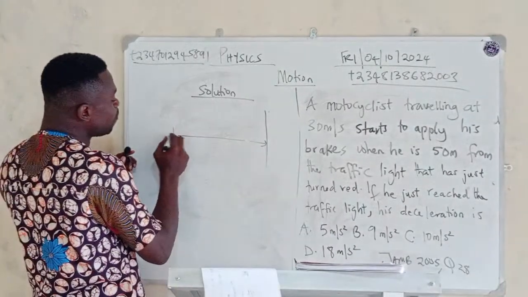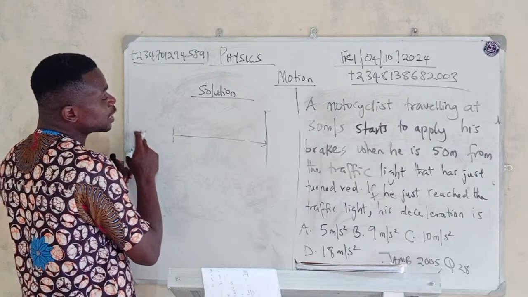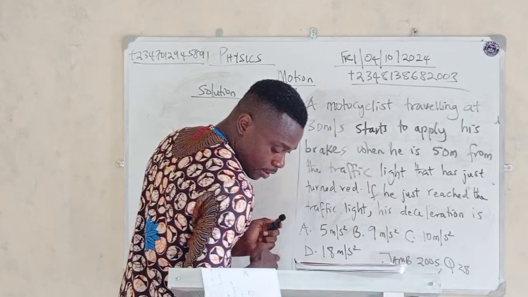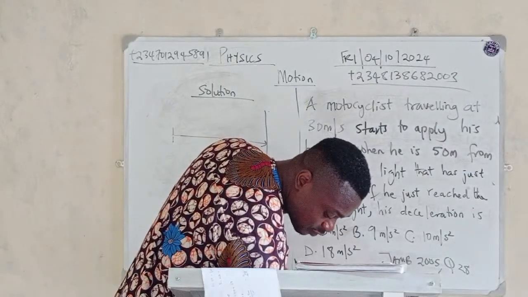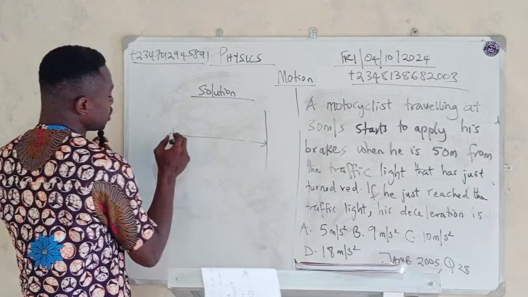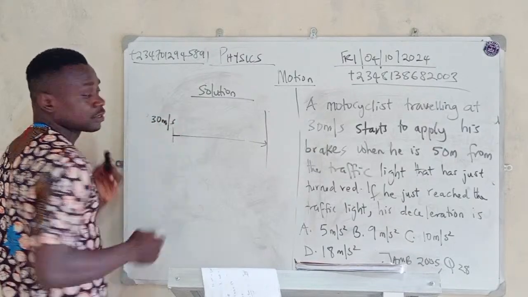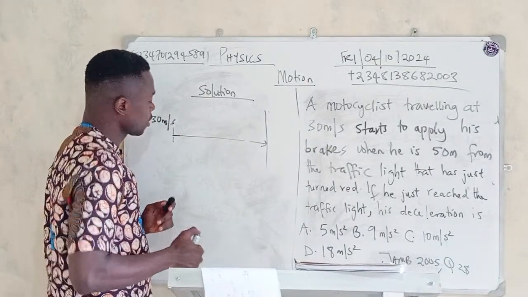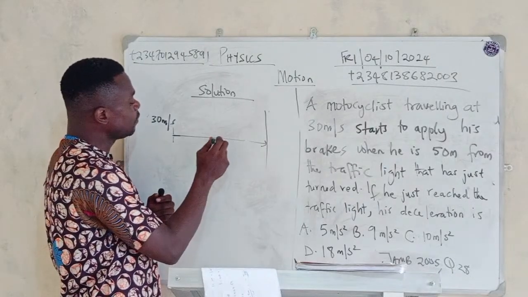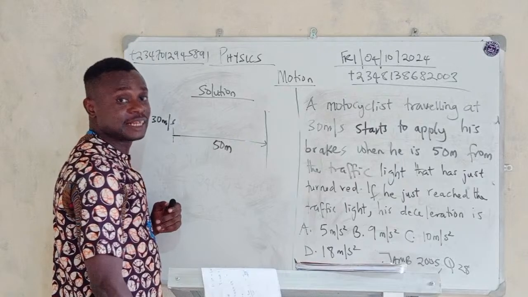And before he started applying this brake, he was traveling with a speed of what? 30 meters per second. Before he realized he saw this thing, he was already 50 meters from this traffic light.